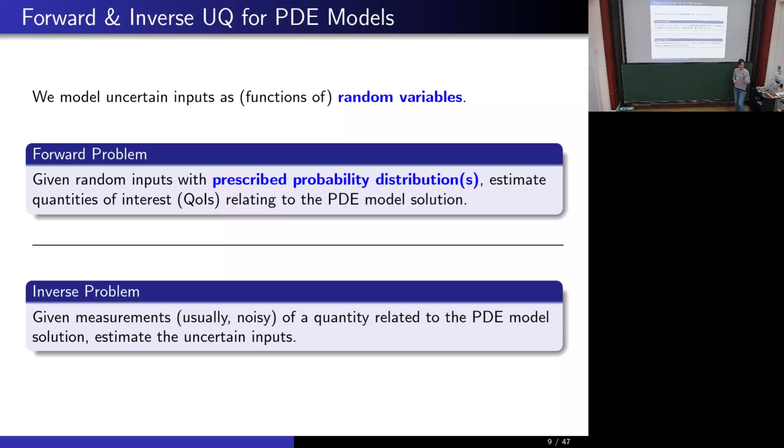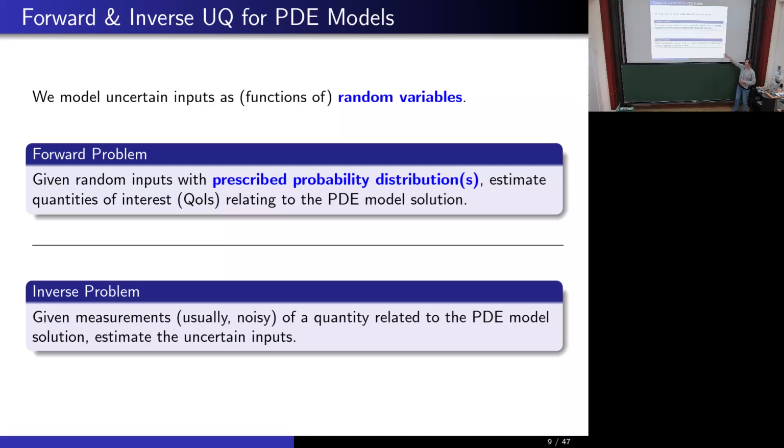So you give me a probability distribution for your random inputs. Your task then is to propagate that through your PDE model and estimate quantities of interest related to the PDE model solution. So you're interested in predicting things or quantifying uncertainty in the PDE solution, given that you're uncertain about the inputs. That's what we call forward, going from the inputs to the outputs.